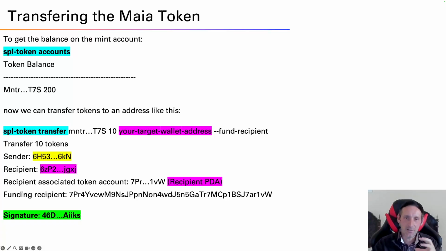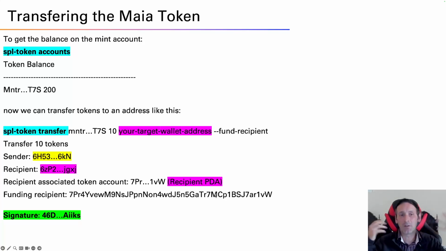So, to summarize everything, the key takeaways are that ATAs are a special kind of PDAs that hold tokens for your wallet, and that wallets like Phantom query the blockchain by calling the RPC to find out which tokens you own, the metadata associated with those tokens, and the balance associated with those tokens, and then show it in that beautiful UI that we've grown accustomed to from Phantom. And that allows you to manage those tokens.